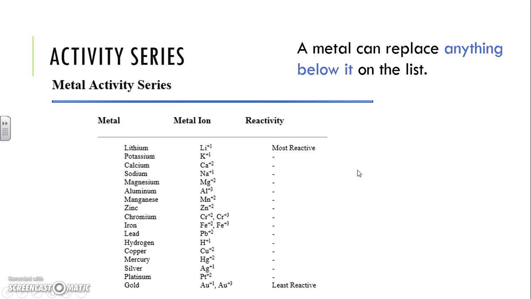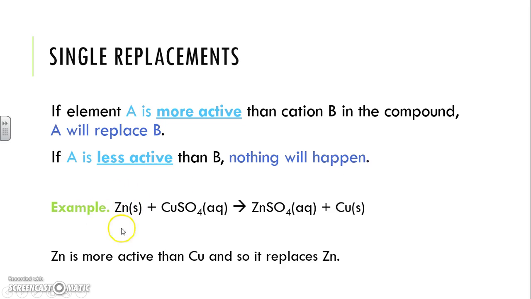So for example, zinc is more reactive than copper, and so zinc can replace copper and bond with the sulfate, and then the copper goes back to its elemental form. So we've had an element reacting with a compound to form a new compound and a new element.